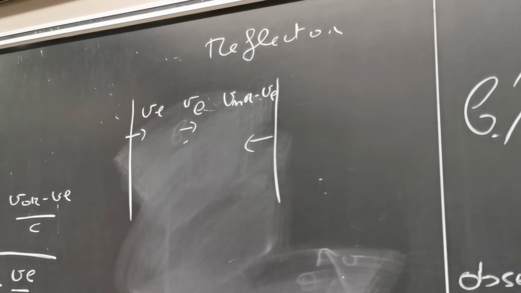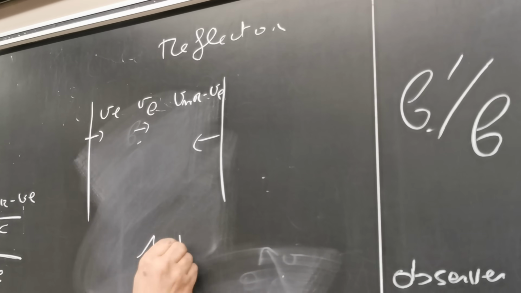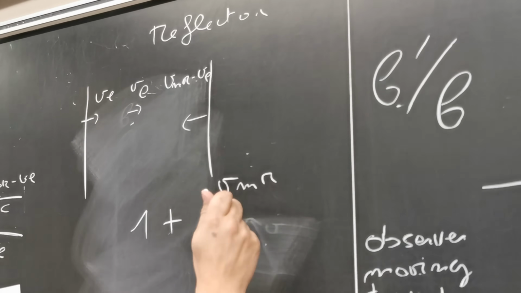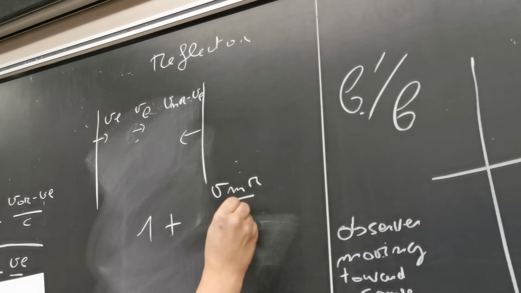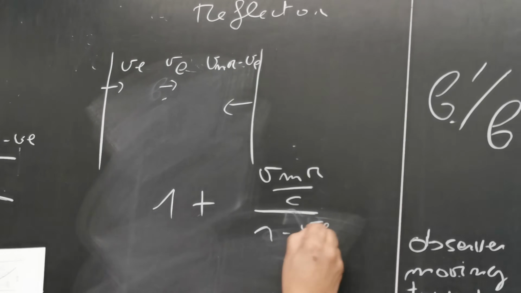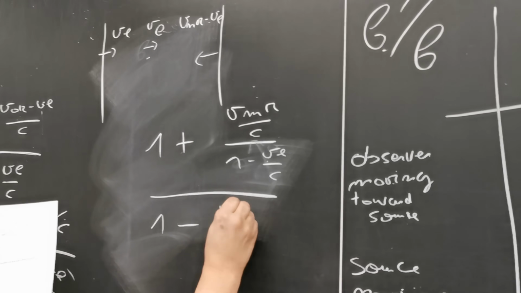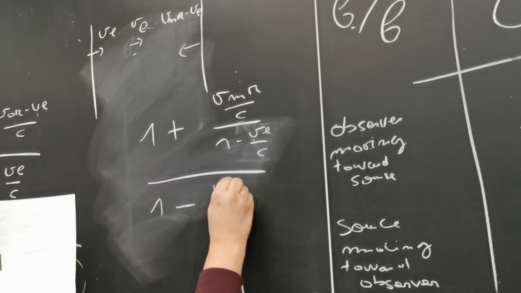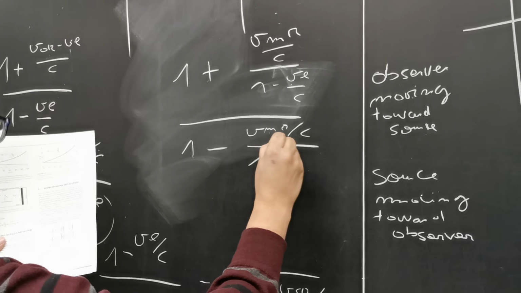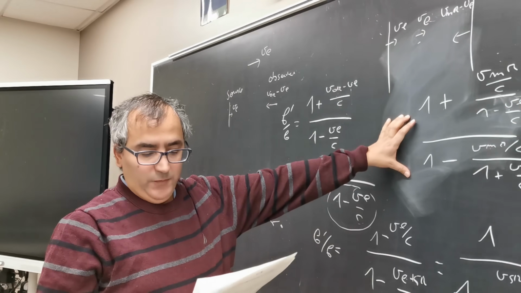So the formula here is going to be 1 plus V_MR over C (M is for mirror, sorry, not metal, mirror), over 1 minus VE over C, divided by 1 minus V_MR over C, over 1 plus VE over C. We can use a first order approximation.